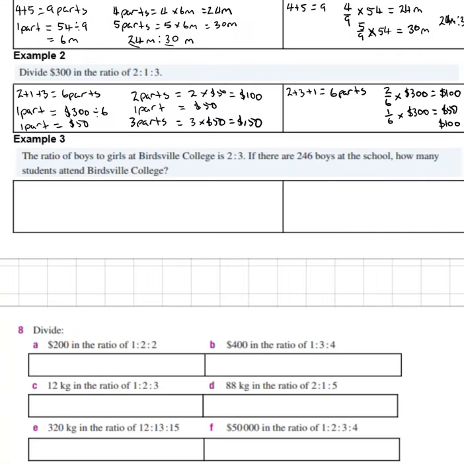Alright, example 3, slightly harder question. It says the ratio of boys to girls at Birdsville College is 2 to 3. If there are 246 boys at the school, how many students attend Birdsville College? So we know how many boys, we don't know how many girls or the total, but we do know the ratio is 2 to 3.